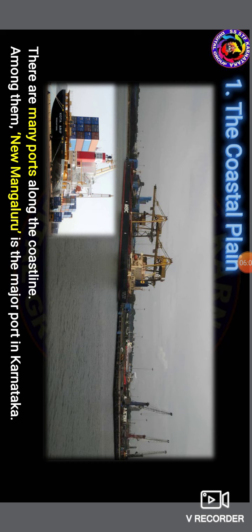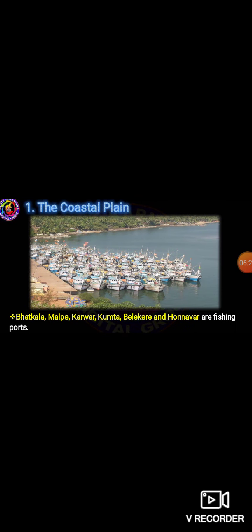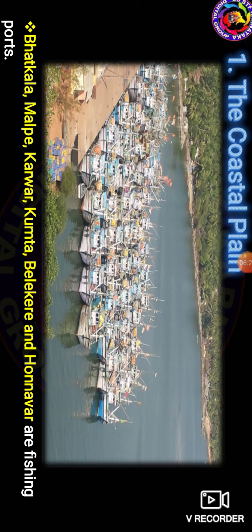Especially on the Karnataka coastline, Mangaluru port is popular. It is the major port of Karnataka.